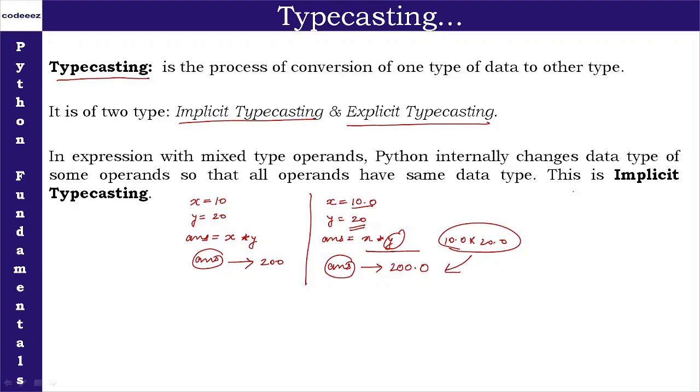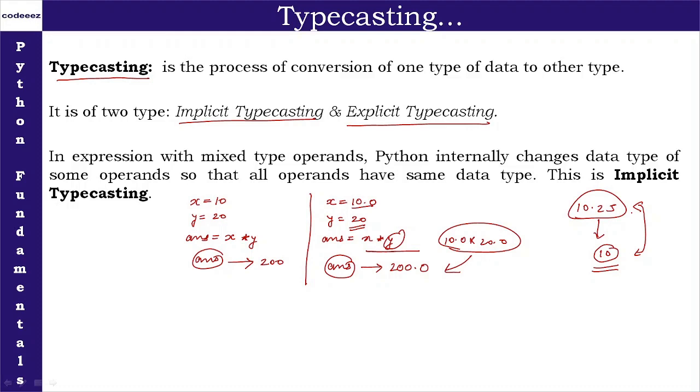So a float value cannot be changed implicitly to integer type because it may happen that we face a data loss, right? Suppose the value is 10.25 and if this value is converted to integer, then the decimal part will be truncated and what we get as result is 10. So here is a loss of data, 0.25 is lost, right? That's why implicitly it will not be done.